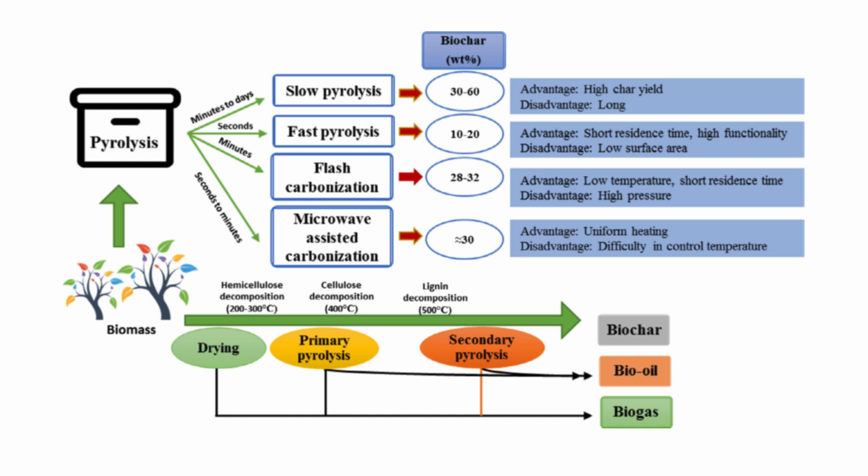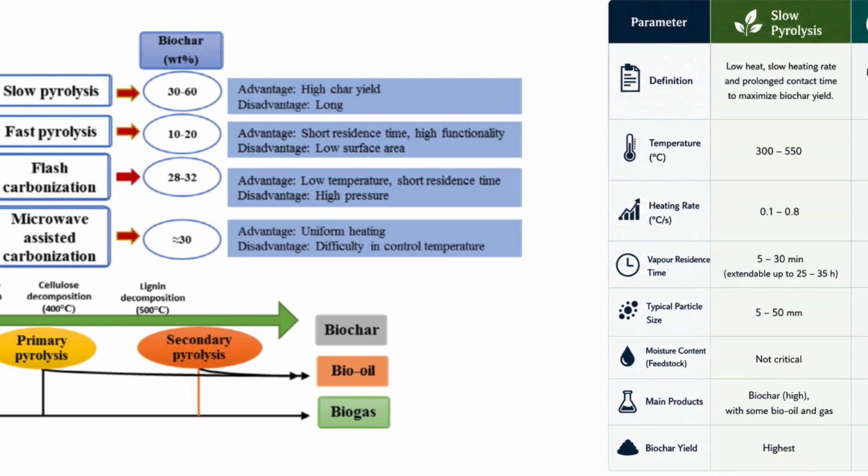Flash carbonization offers shorter residence times and lower operating temperatures but requires higher pressure. Microwave-assisted carbonization provides uniform heating and improved product quality, although temperature control can be challenging. The lower portion of the diagram also shows biomass decomposition stages, including drying, primary pyrolysis, and secondary pyrolysis, which ultimately produce biochar, bio-oil, and biogas.